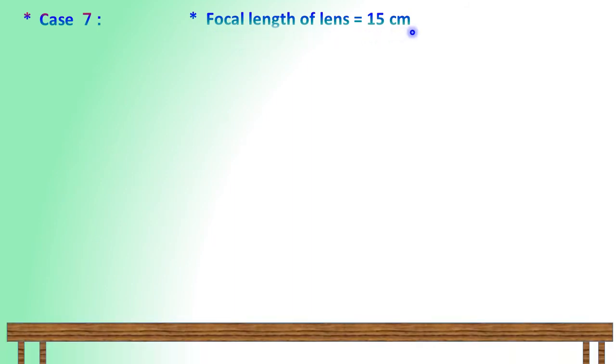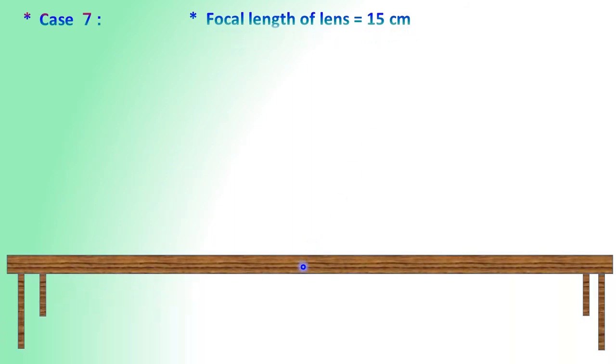Next case number 7. In this case, I will place the object at the distance of 20 centimeters. Let us see where its image will be formed. Focal length of lens equal to 15 centimeters and this is the table. Here is the V stand.